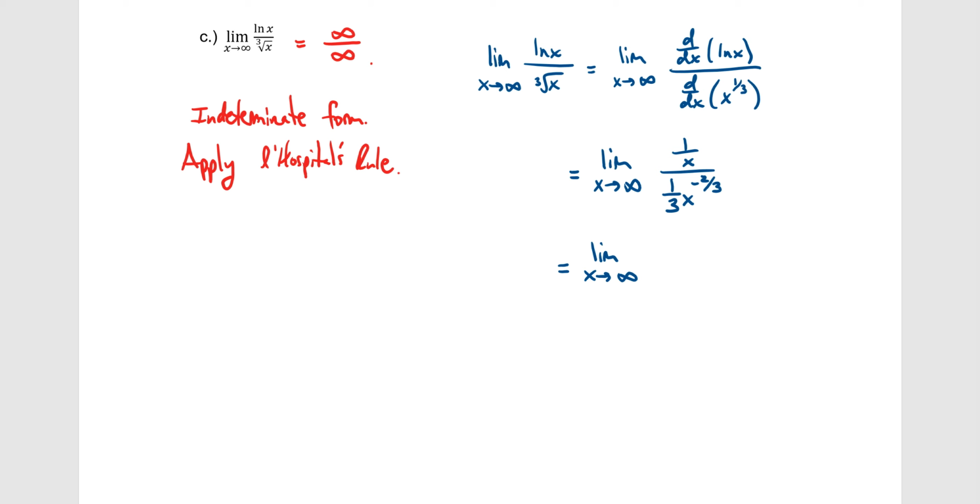So if we thought of this as keep, change, flip, just so we don't mess that up, we keep the first, then change this one to multiplication, and then we flip the second one, and then we multiply straight across. So it would be 3 over x times x to the negative 2/3. We would add the exponents. So 1 plus negative 2/3 would be x to the 1/3, or the cube root of x.